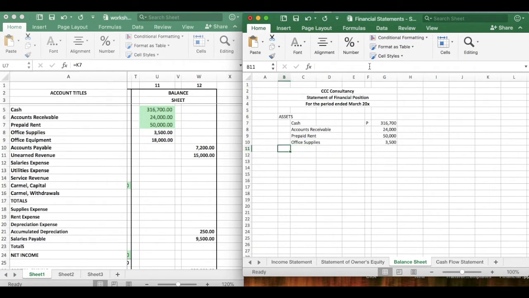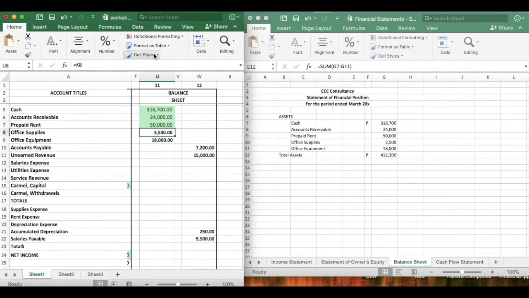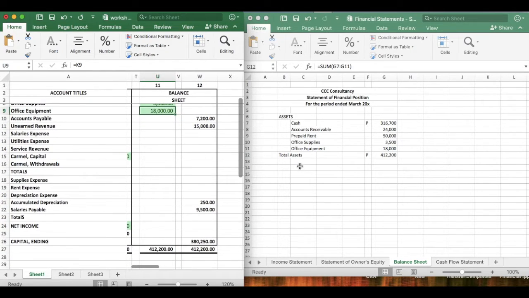And then office equipment of 18,000. No other assets anymore, so we can write here total assets. Then you add, okay? So total assets would be 412,200. So this is already done, just to indicate that we have recorded that already in the balance sheet.